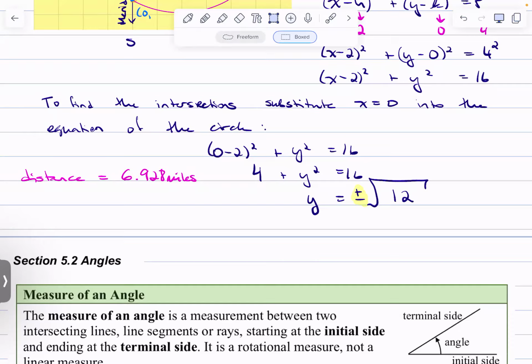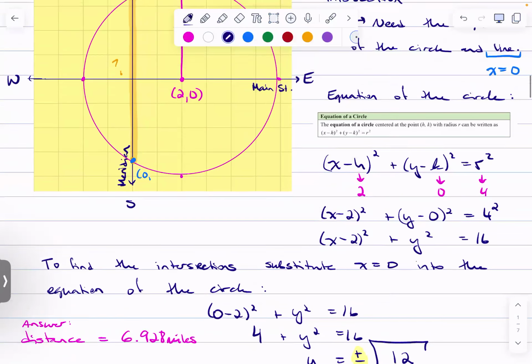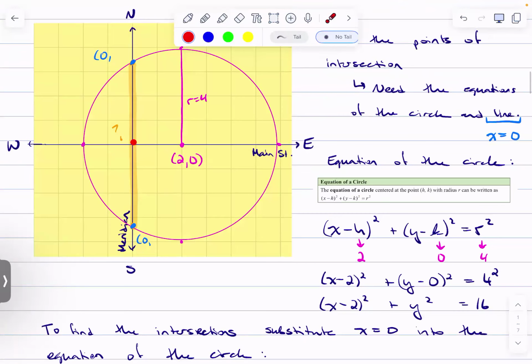And so the distance: this circle is centered just off of the y-axis, but it's still on the x-axis, right? So for that reason, it makes sense that each of these distances is root 12.